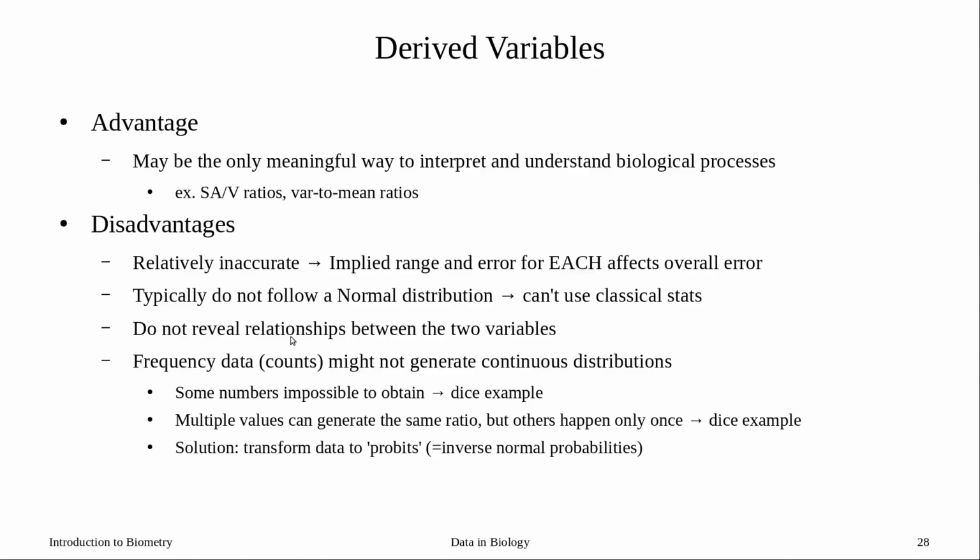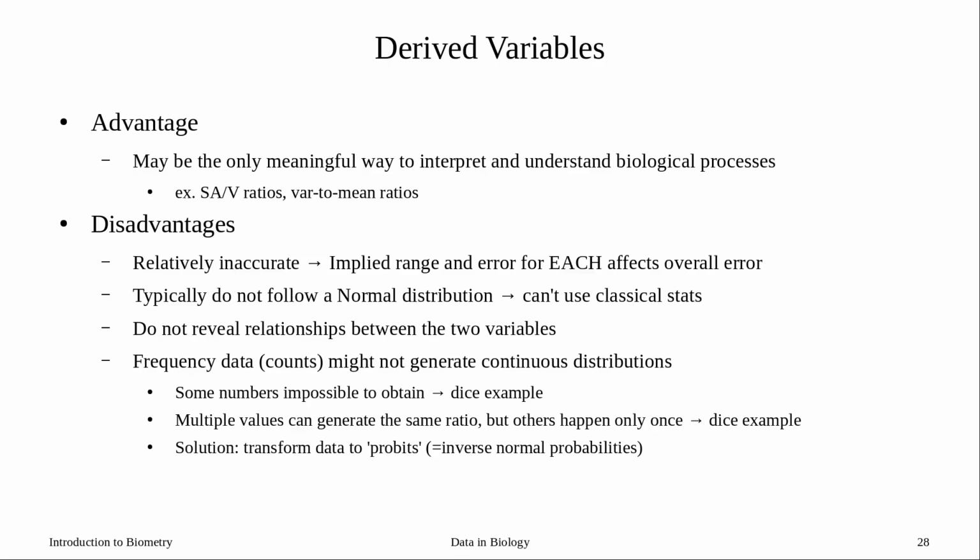Number 3 is that these derived variables, while they can capture the biological process of interest, don't really tell us anything about the relationships between the two individual variables. Surface area to volume ratio gives us some information about heat gain and loss and water loss and so forth, but it doesn't tell us anything about the actual surface area or the volume itself, and it doesn't even explain the relationship.